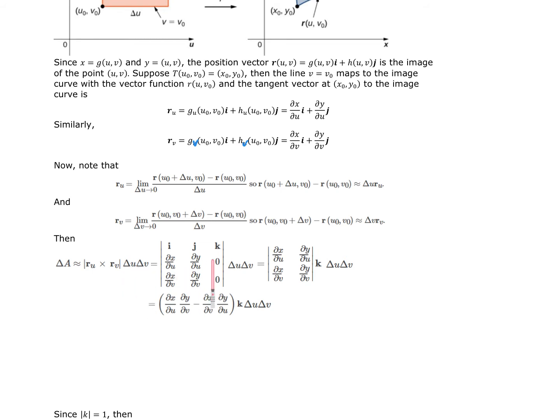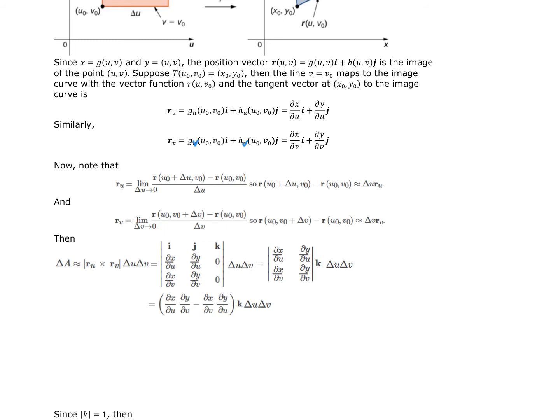Well, the cross product, because we don't have a k component, we put 0 in the k placeholder, is going to be this determinant, which is the determinant of my smaller matrix of partial derivatives multiplied by k, delta u, delta v.